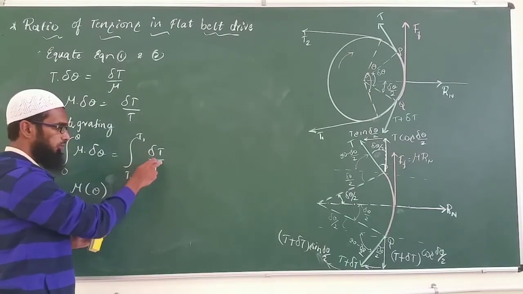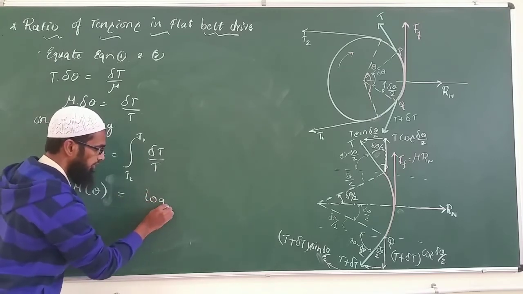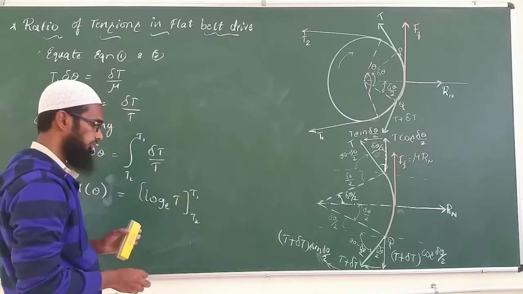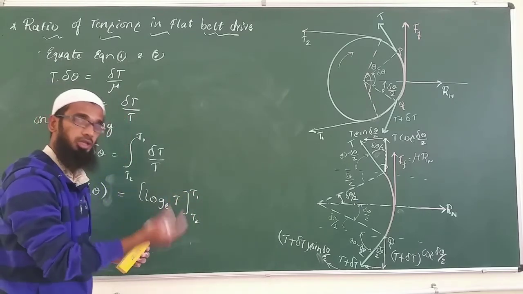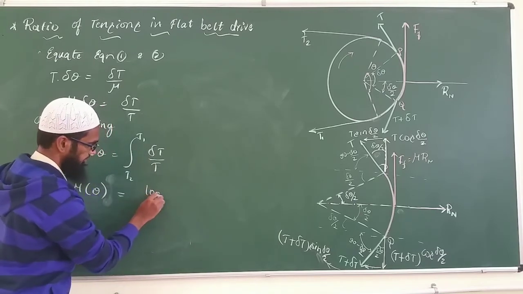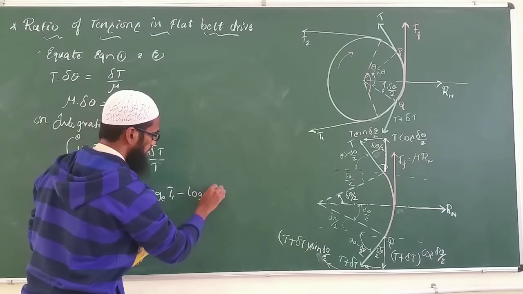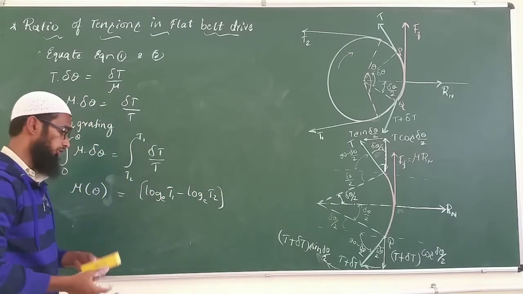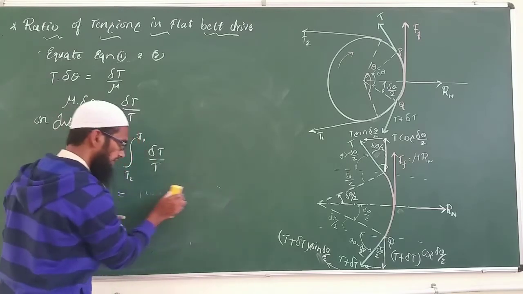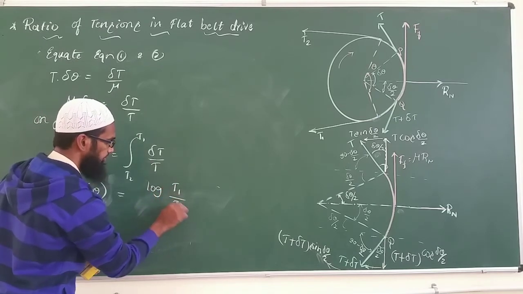Now for the right side, the integral of 1 over T ∂T is log of T. Now I'll apply the limits T2 to T1, that is log of T1 minus log of T2. So we know that log a minus log b is what? It's log of a by b. Again I can take this form as log of T1 by T2 to the base e.